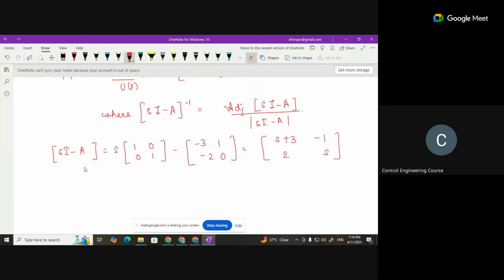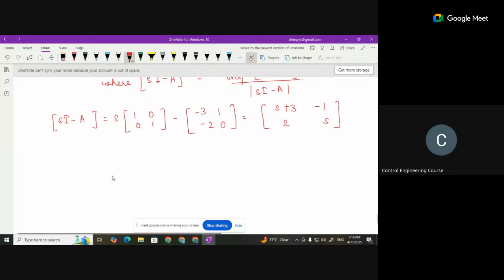What is the adjoint coming out to be here? Anyone calculated that? Okay. The cofactor matrix is what? Can you tell me quickly? s, minus 2, then 1, s plus 3.